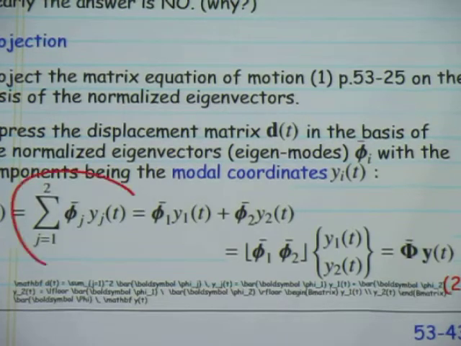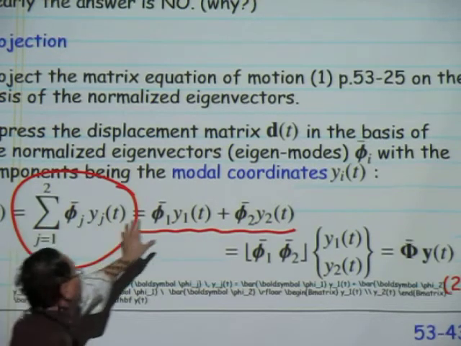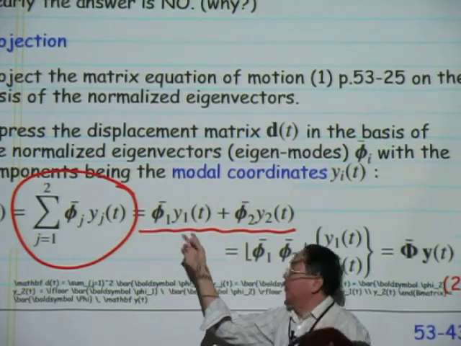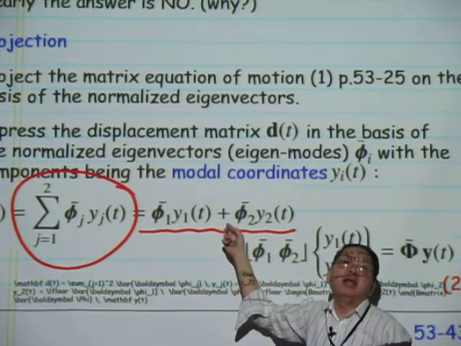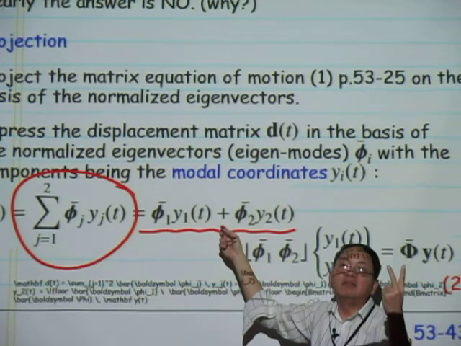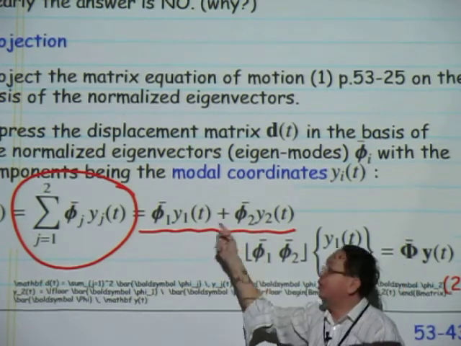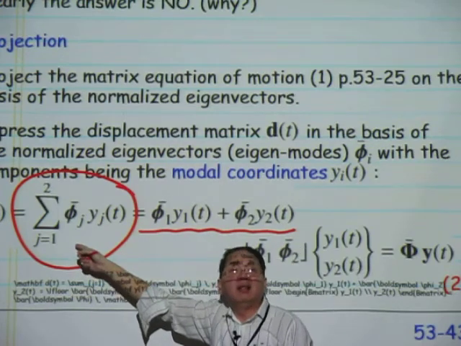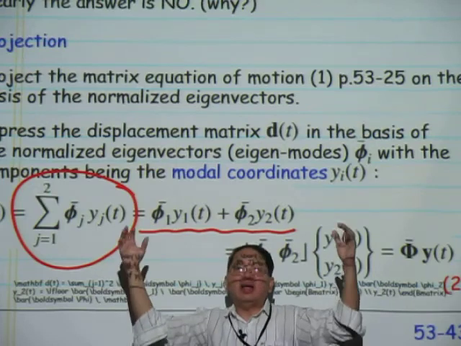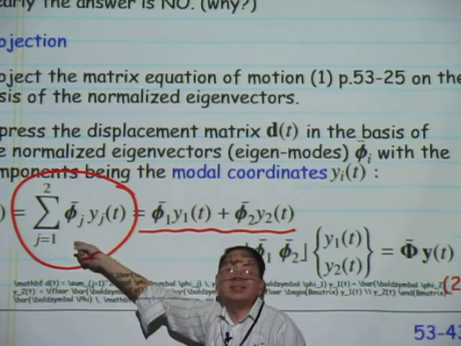So this summation here is nothing but that, right? So if you expand the summation, this is what you get. Now, this is the elementary level. Okay, let's say we have only 2 eigenvectors, so you can write like this. But when you have 1 million eigenvectors, or in the case when you solve a system that has 1 million degrees of freedom, but this is much better, right?